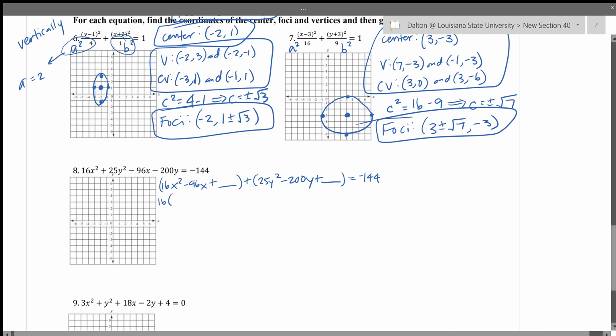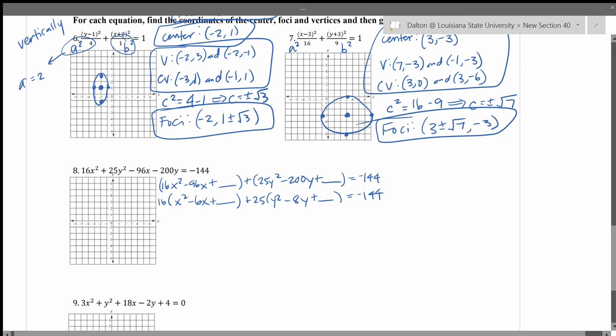And when I do so, that's going to leave me with x squared. 16 goes into 96 6 times, so that'd be x squared minus 6x. Again, I'm going to leave my plus new c spot available. Plus, I'm going to factor out 25 from my y's, leave me with y squared minus 8y plus whatever my new c is equals negative 144.